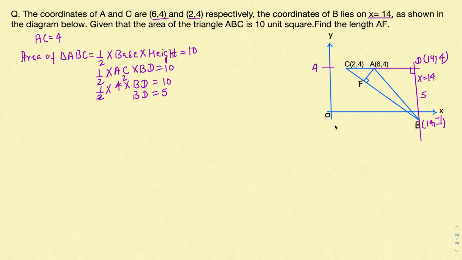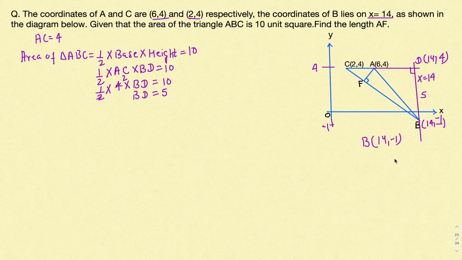So if we want the height to be 5, it has to be -1. 4 minus -1 will give you 5. So from here we got the coordinates of B, which will be 14 comma -1. That's how we got the coordinate of B.